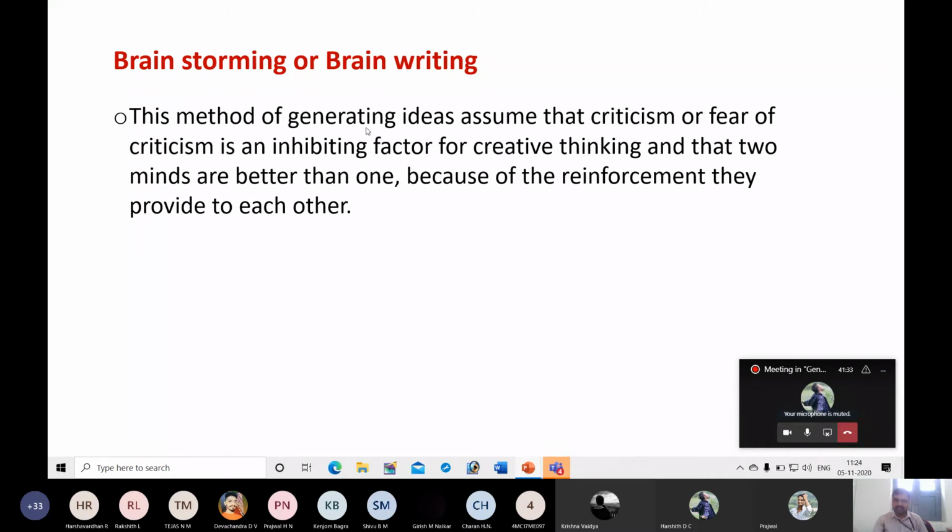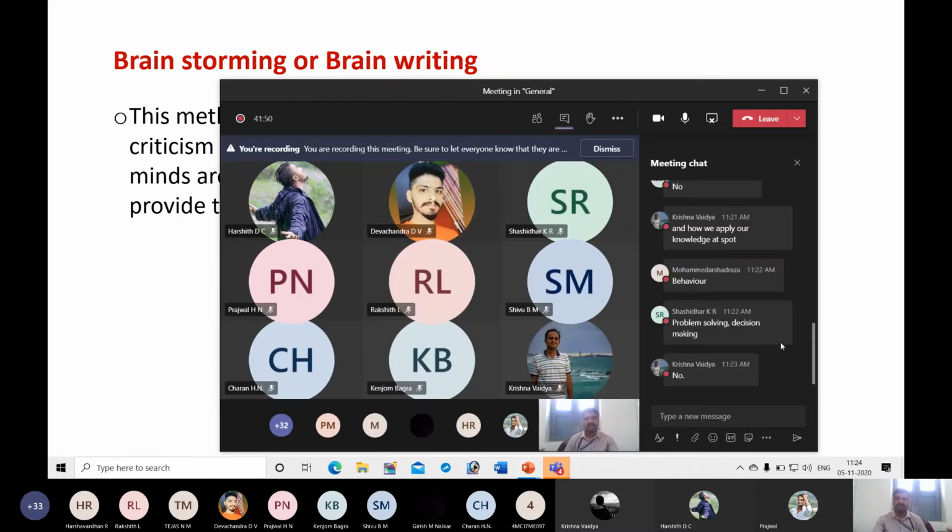Whenever any team is doing brainstorming, they consider these two things. One is that criticism or fear of criticism is an inhibiting factor. Most of us have experienced this. At times we want to communicate our point of view, but we hesitate because we fear that others may criticize or laugh at us.